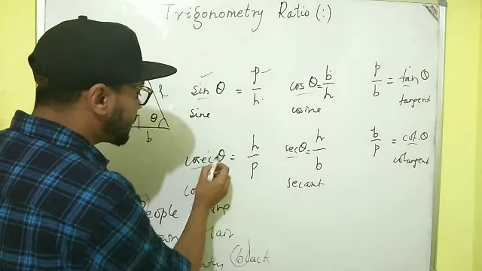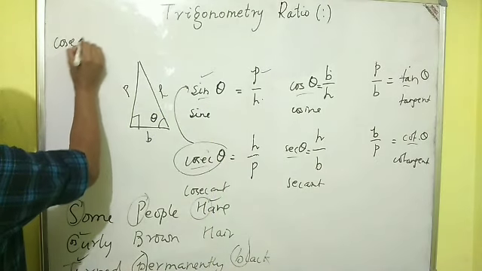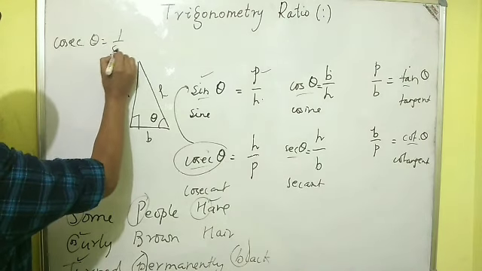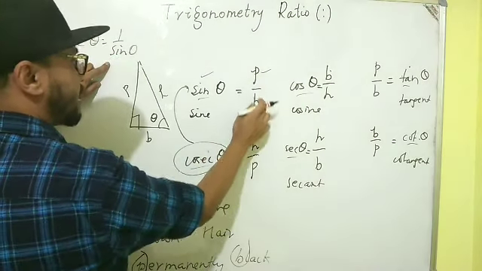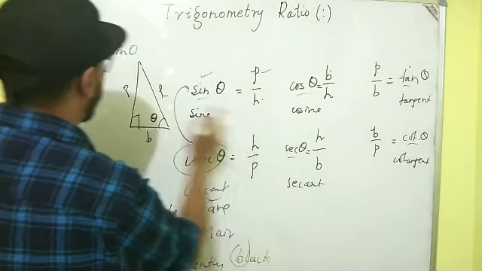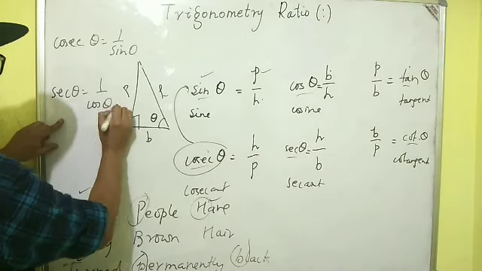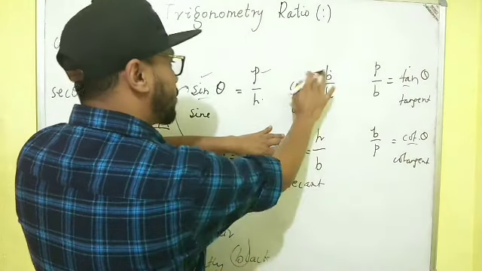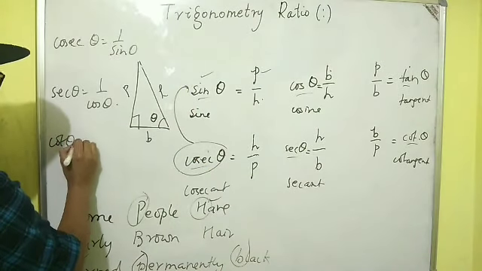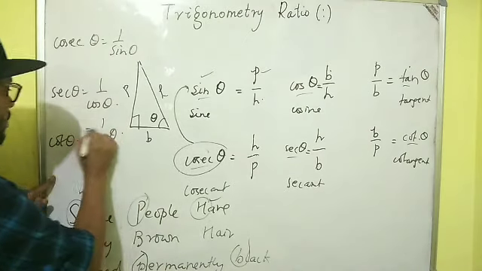Why? Because cosec is the reciprocal of sine, so cosec theta is the reciprocal of sine theta. If sine is P by H, then cosec will be H by P. Sec theta is the reciprocal of cos theta, so the reciprocal of B by H is H by B. Cot theta is the reciprocal of tan theta, so 1 by tan theta.